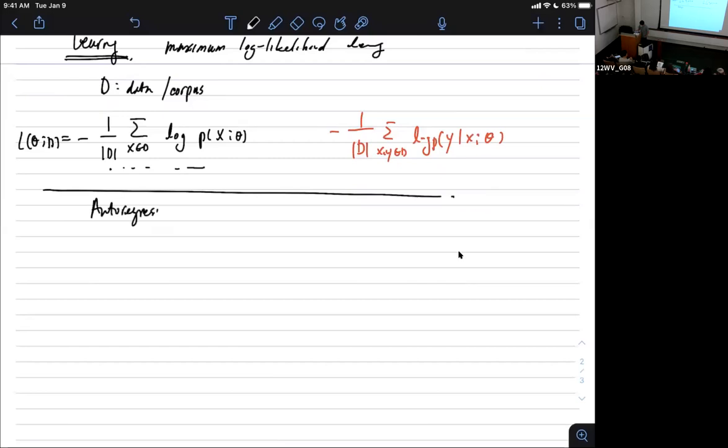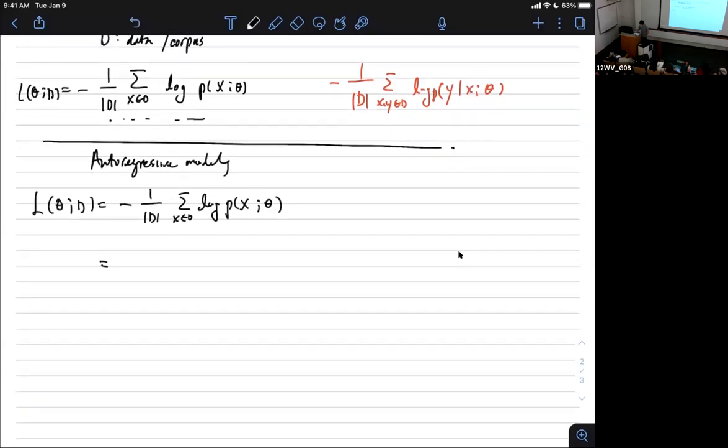L(theta, D) is negative 1 over the size of the data set, sum over x in D of log p(x | theta), which is identical to 1 over the size of the data set. We're going to go through each and every sequence separately. And because we're in log space, log probability rather than probability space, instead of a product we get the summation over the length, where small t goes from 1 to capital T.